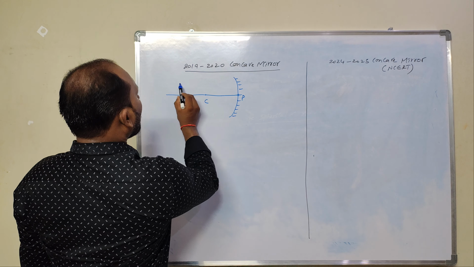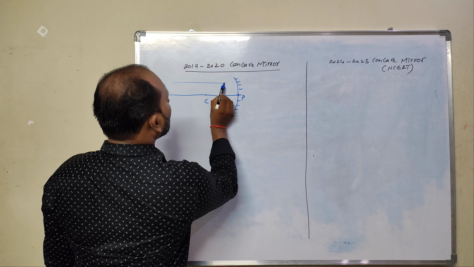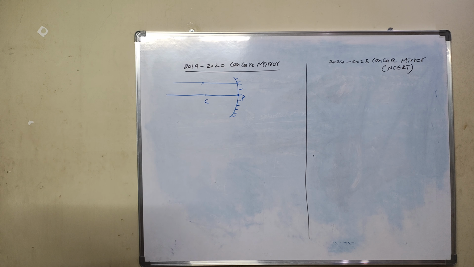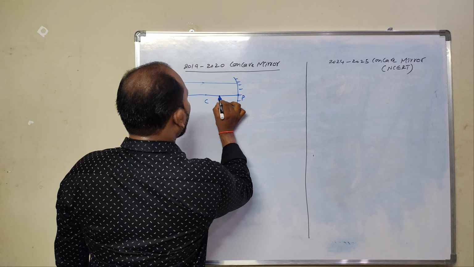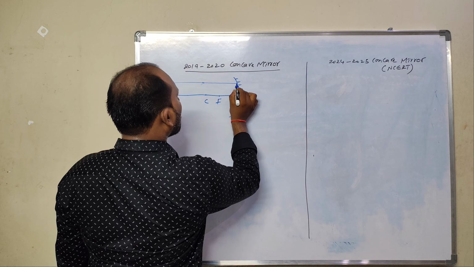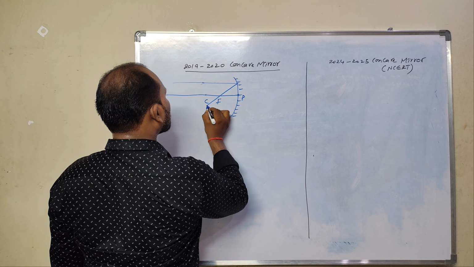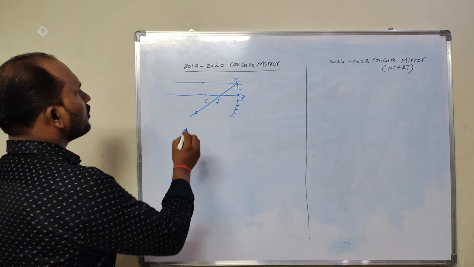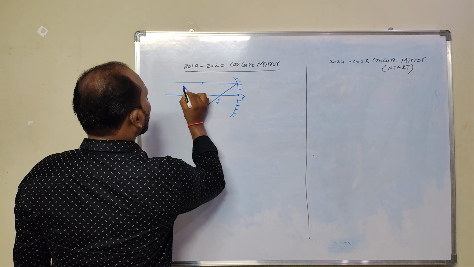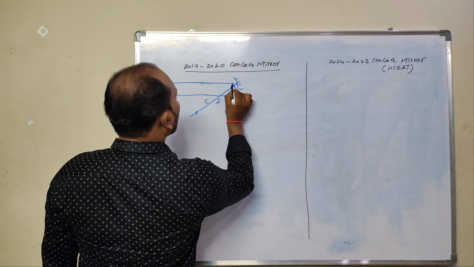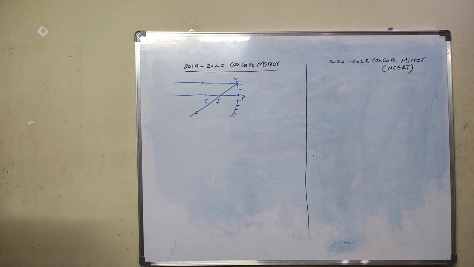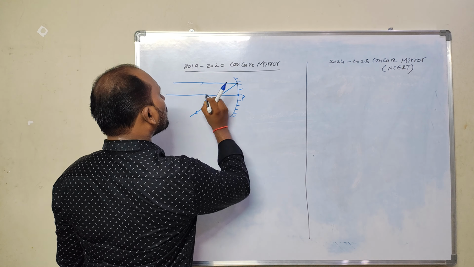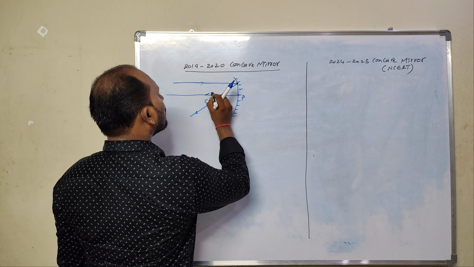A ray which is parallel to principal axis passes through focus. Now I draw a normal line. How to draw a normal line? From point of incident to center of curvature, we will draw a normal line.